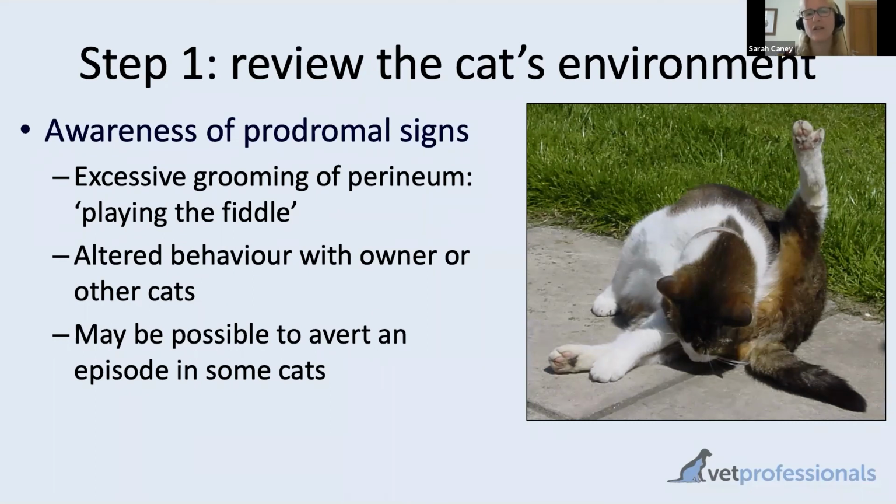So for the cats that are vulnerable to spasm, if you see them suddenly starting to overgroom their back end more, as per this picture, this lovely expression, the cat playing the fiddle, then giving an antispasmodic medication and perhaps some painkillers at home, so again trying to avoid that vet visit, will sometimes completely avoid that episode from ever developing, which of course is good news. Not always possible, but when it is possible, that's great.